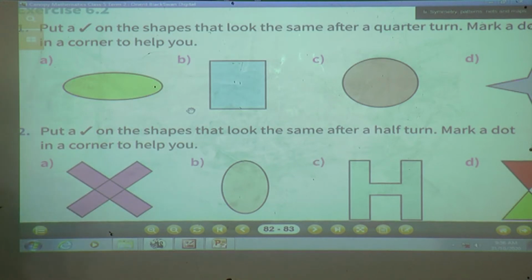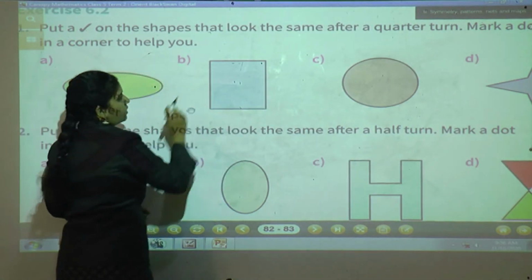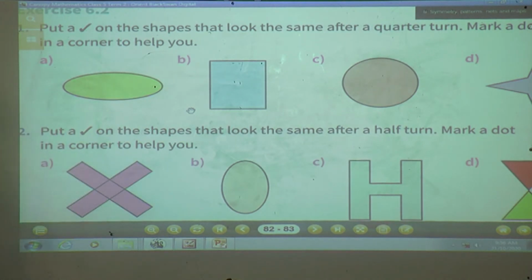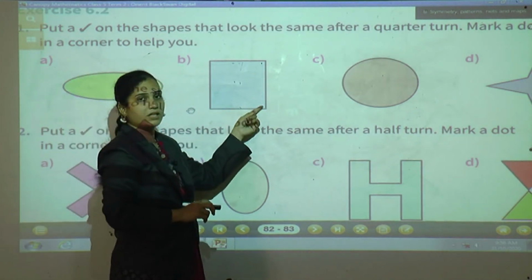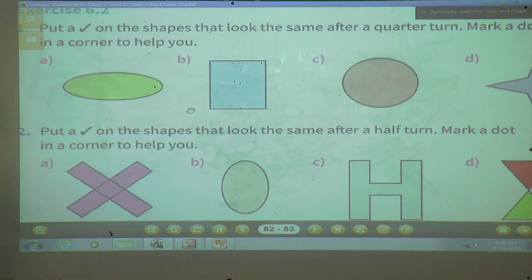Okay. Now for B1, here. So will this shape look the same after a quarter turn? No, the dot will come here. So that's why this shape does not look the same after a quarter turn.